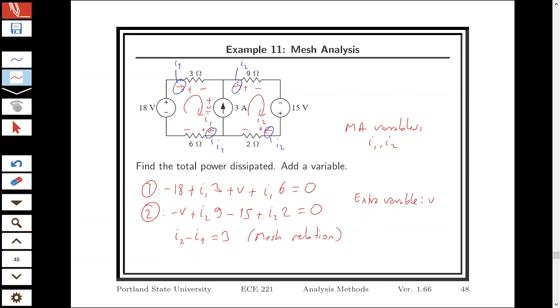Let me write this here, because then I shall add the two KVL equations. So I2 minus I1 equals 3. That's the mesh relation.